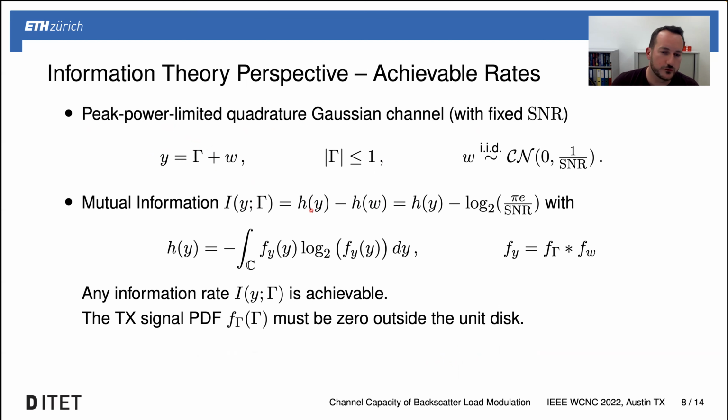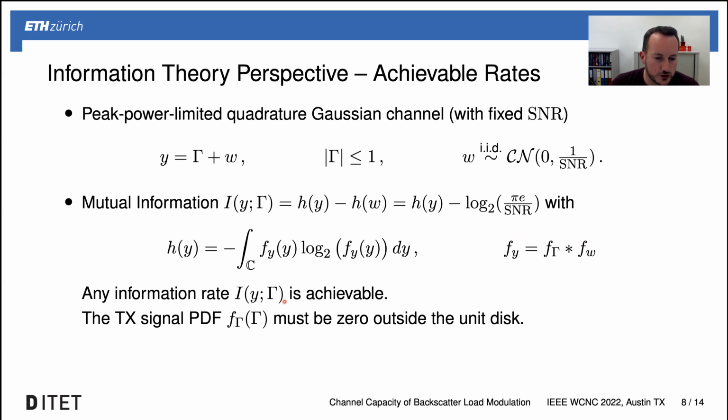As you know, this is just as a reminder, it is the difference between received signal entropy and noise entropy, because it's an additive channel and because it's Gaussian, we have this expression here, and entropy is defined as follows, and the received signal PDF is the transmit signal PDF convolved with the noise PDF.